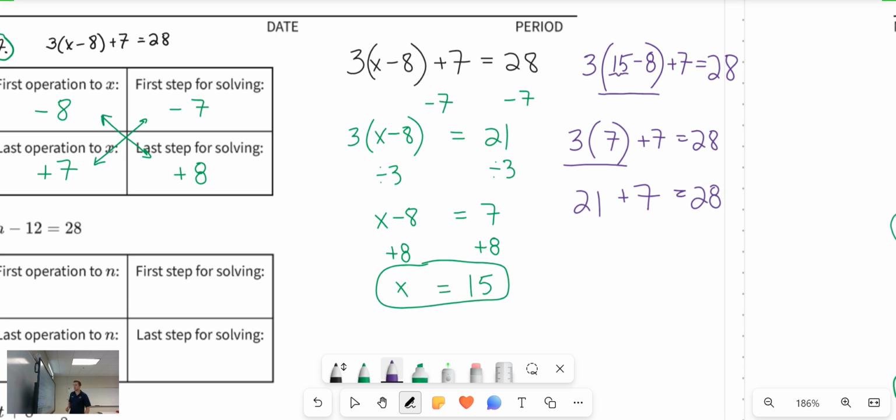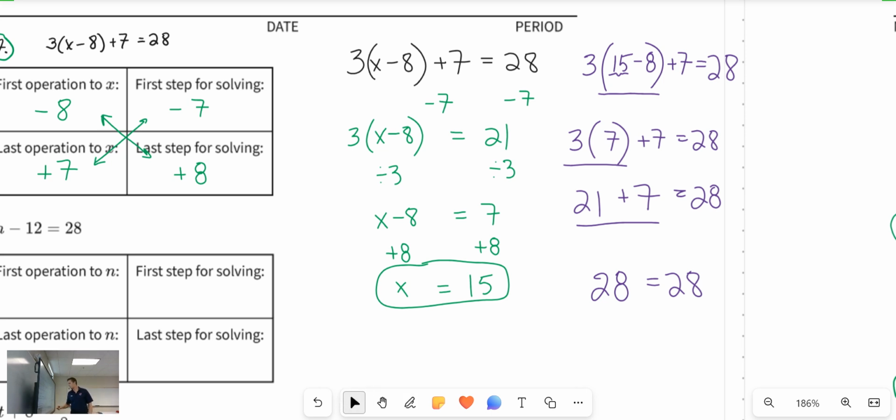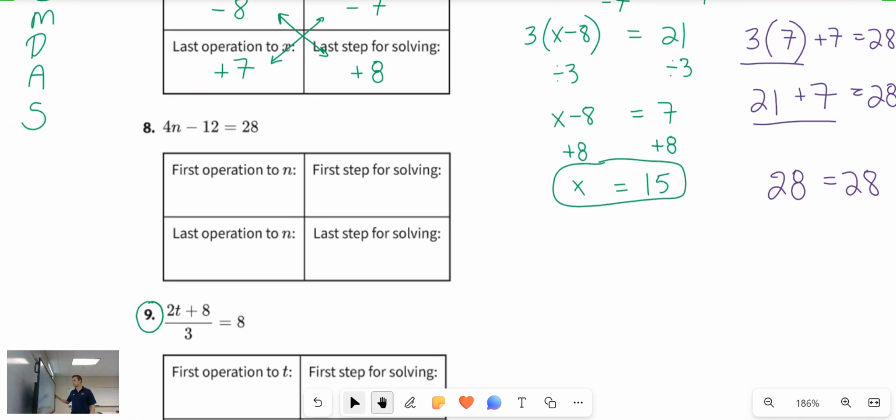And the last thing we would have to do is the plus 7. What is 21 plus 7? That is 28. And 28 equals 28. That's perfect. So we did check it and it does work.